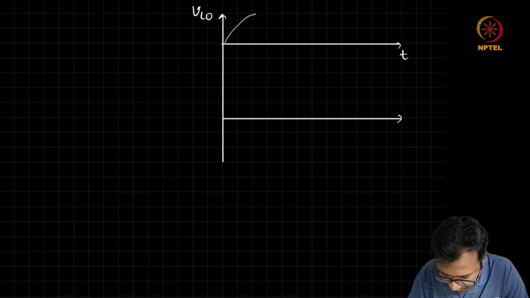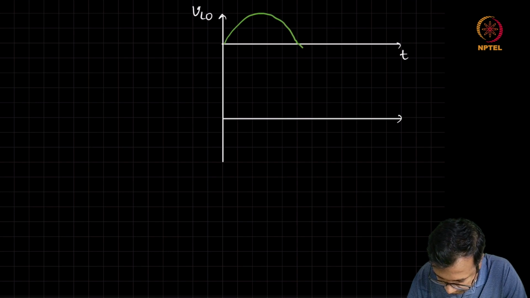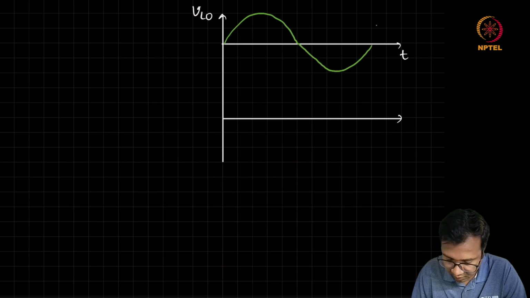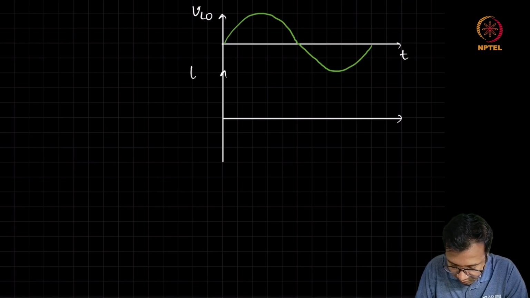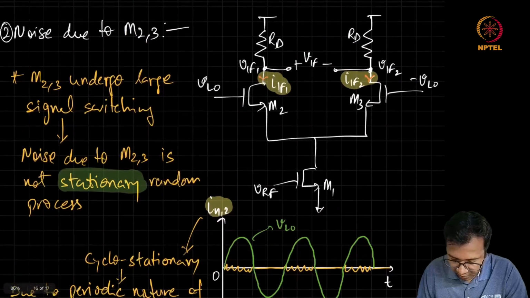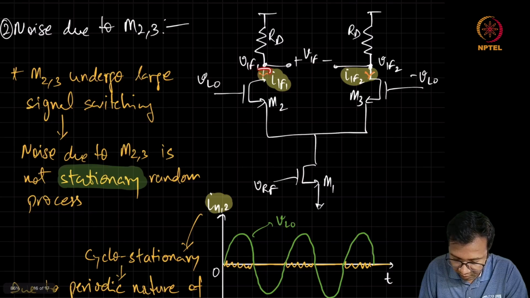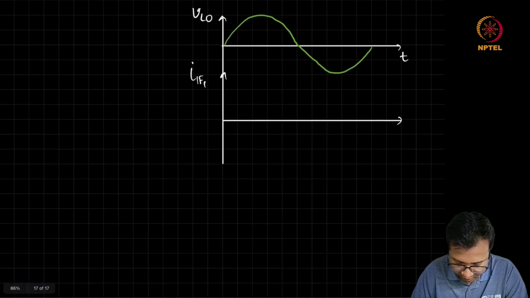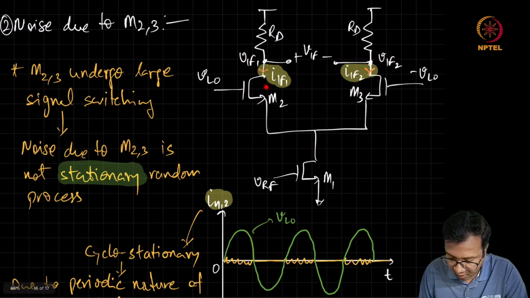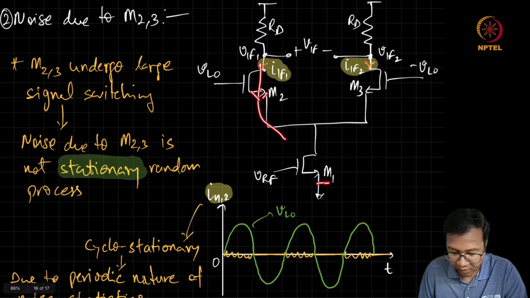The VLO is a sinusoid like this. And if I have to draw the current IF1, where IF1 is this current which is flowing in the drain of M2, so when VLO goes high, we are assuming that the entire current of M1 is steered towards IF1.